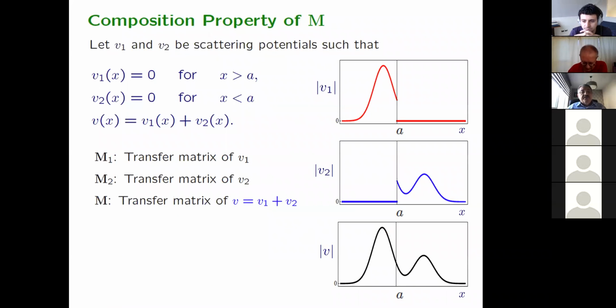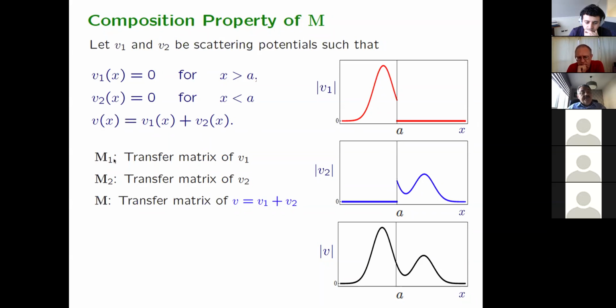Well, in 2013, I was looking at this transfer matrix, and one of its basic properties which makes it useful for various applications is its composition property. This says that if you can dissect your potential into 2 pieces such that the support of one of them, V1, is to the left of the support of V2, which means that V1 vanishes for x bigger than a for some a, and V2 vanishes for all x less than a, and V1 and V2 add up to give you the original potential.